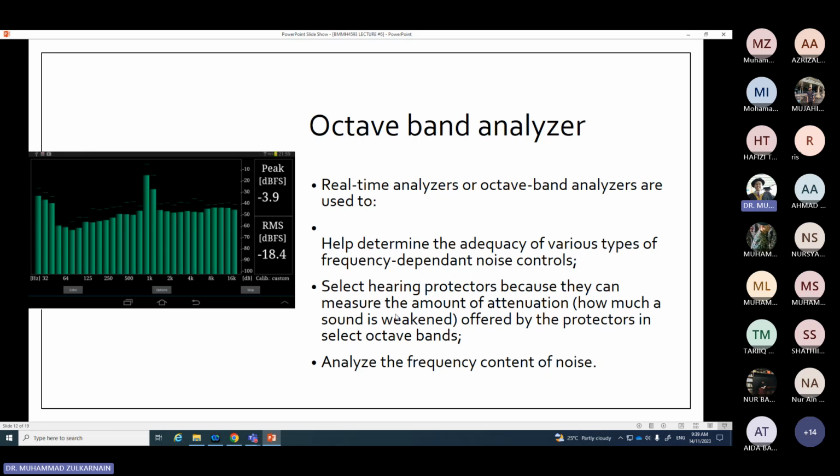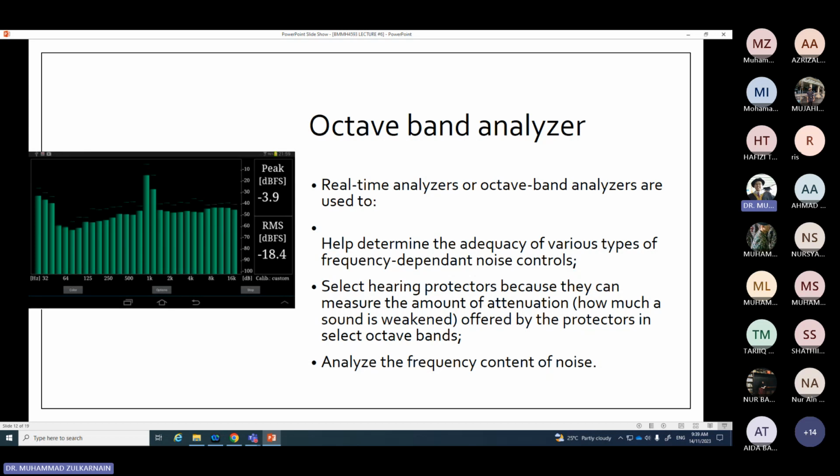It helps select hearing protectors because it can measure the amount of attenuation, how much sound is weakened and offered by the protector in the selected octave band. If the source is high frequency, it means we need to protect the worker from the high frequency by using an ear protector.